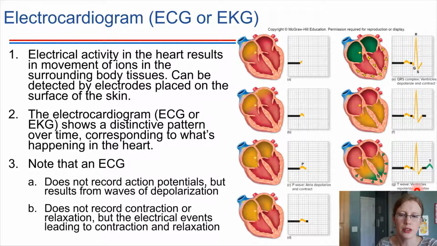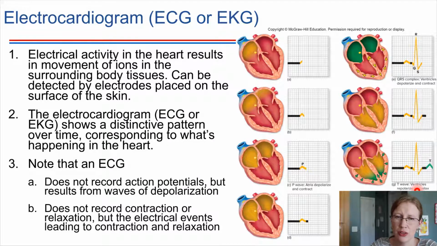So a couple of things to note. This graph is not actually showing us action potentials. Rather, it's showing us the change in voltage around the heart due to the action potentials. So it's kind of like the net result of all of the action potentials that are taking place, the result of these waves of depolarization. And the other thing to note is that this doesn't show us a direct picture of muscle contractions.